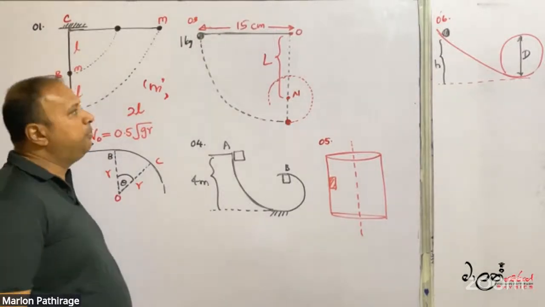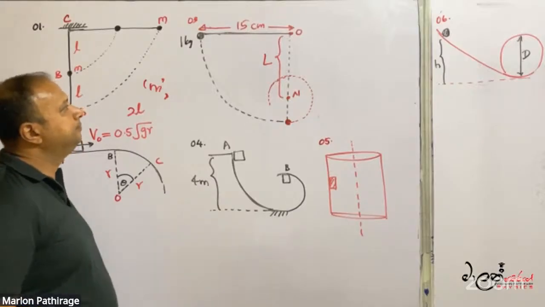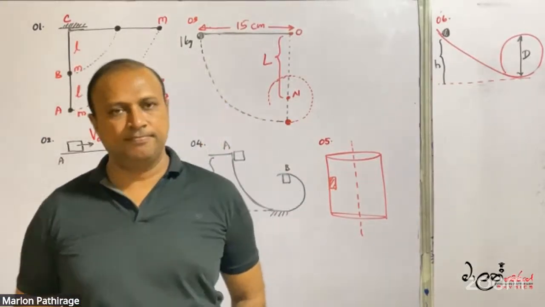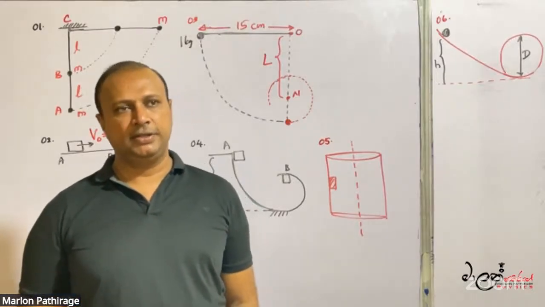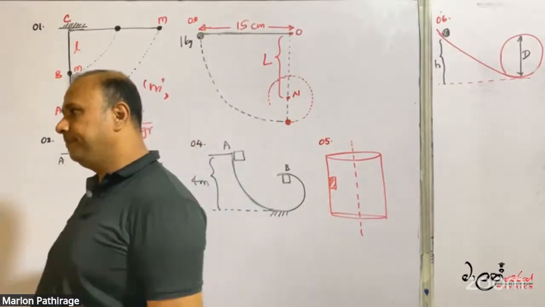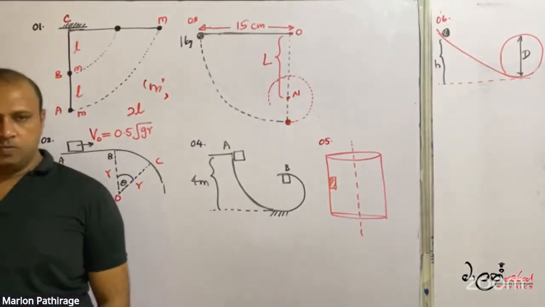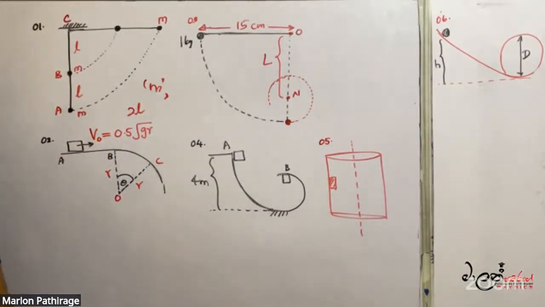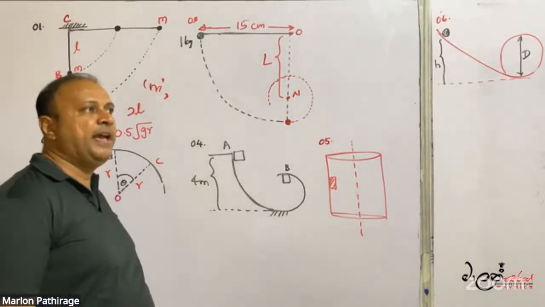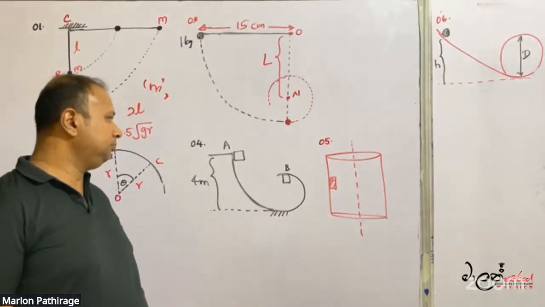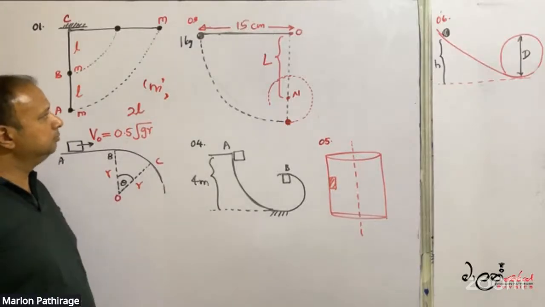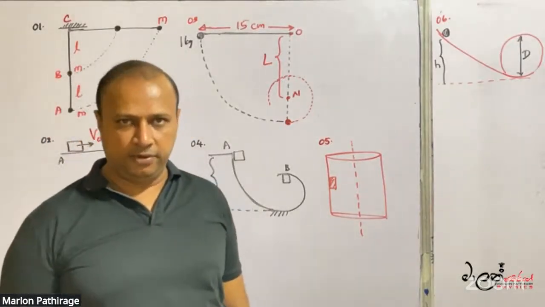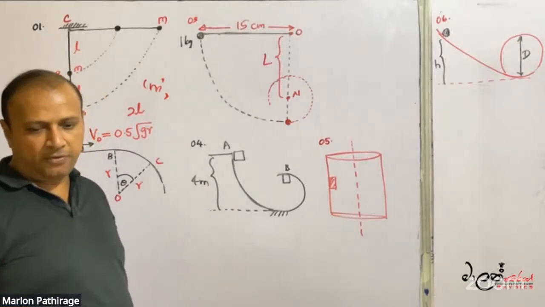The block leaves the surface at point C. Find the value of theta.